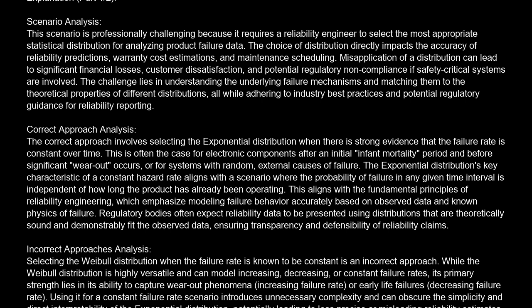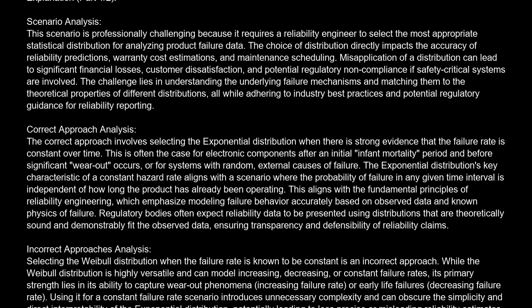Explanation. Scenario analysis. This scenario is professionally challenging because it requires a reliability engineer to select the most appropriate statistical distribution for analyzing product failure data. The choice of distribution directly impacts the accuracy of reliability predictions, warranty cost estimations, and maintenance scheduling.